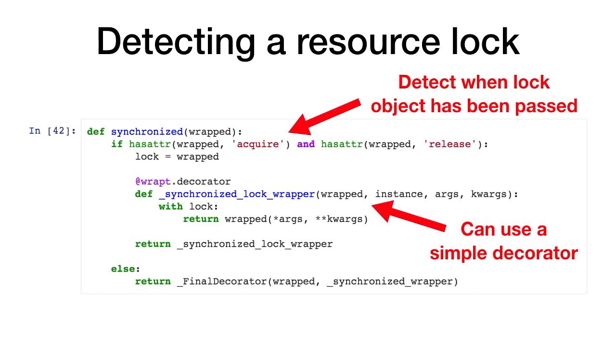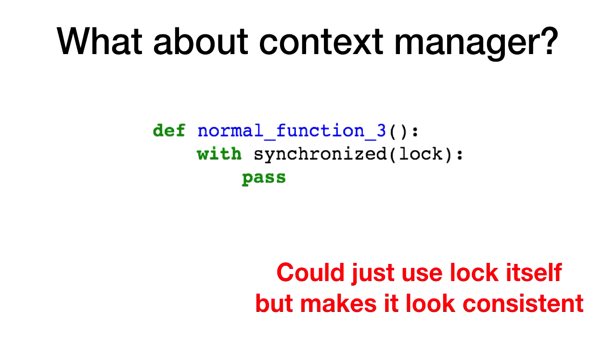We'll apply a normal type decorator, not a weird one, to the original function. In that case, the wrapped argument to that synchronized lock wrapper will be the actual real function you want to decorate. And when it gets called, it'll go with lock, which will do the normal acquire and release of the lock and call the wrapped function.